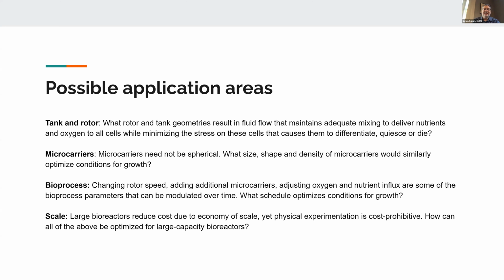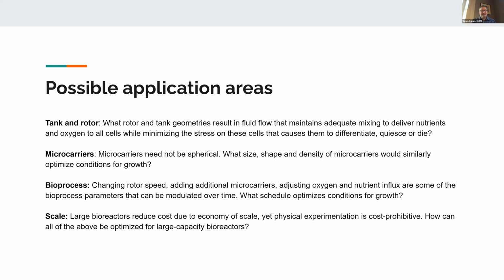We don't even have any media in this simple scenario. People have talked about looking at different types of microcarriers. Maybe changing the microcarrier shape would reduce the stress on cells. Some people are looking at even microcarriers that are soft or edible. The bioprocesses is another thing people have raised as a possible application area.